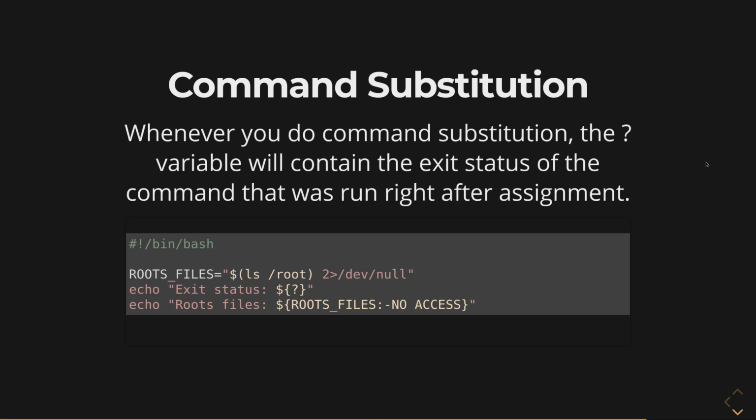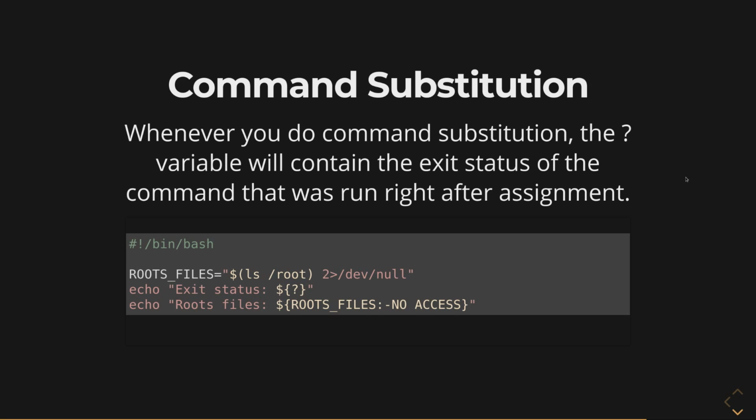Now, whenever you assign something through command substitution, what you ought to know is that the same thing happens, and the exit status is going to be the exit status of the command you ran inside the command substitution brackets. So we have an example here where, let's go through it line by line.